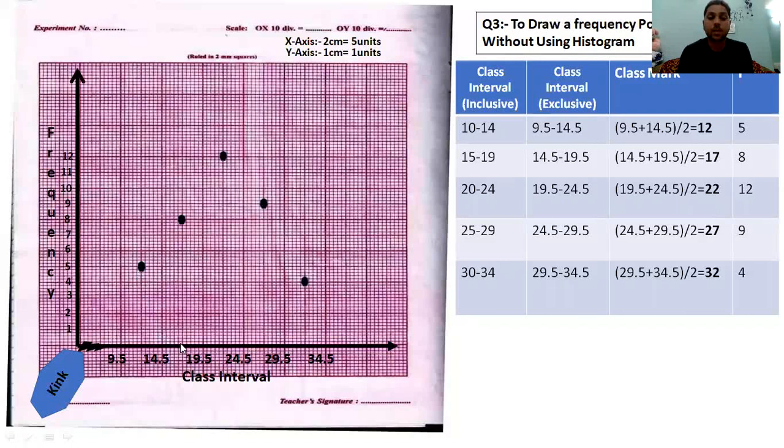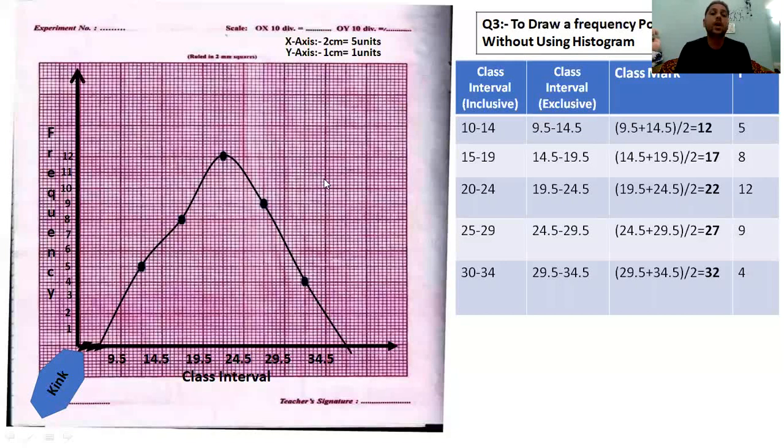Then we have 8, the next frequency, at 17. Then we have 22 and 12, then 27 and 9, then 32 and 4. Now join these using straight lines. You will have the required frequency polygon here.